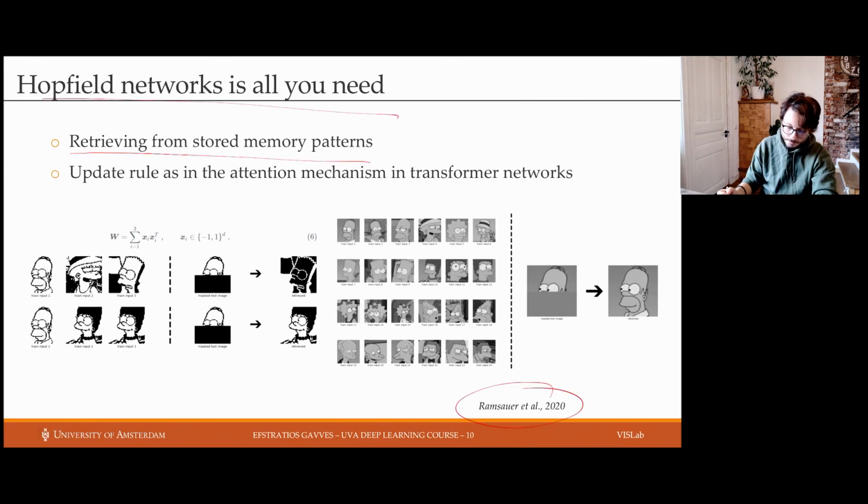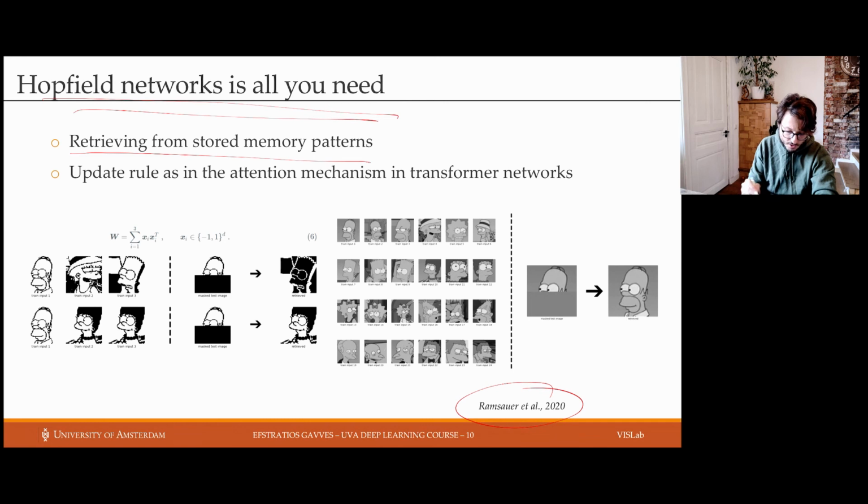And very recently, there has been this quite nice work that I think might be worth checking out from Ramsauer and others, and I think also Sepp Hochreiter, the author of LSTMs.